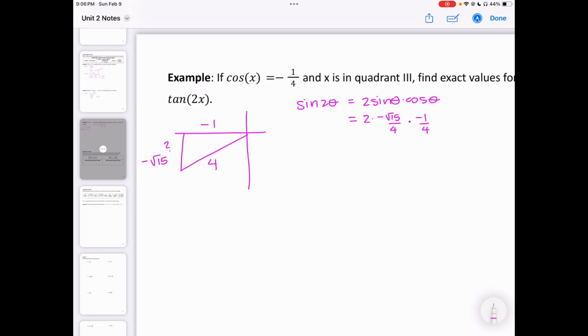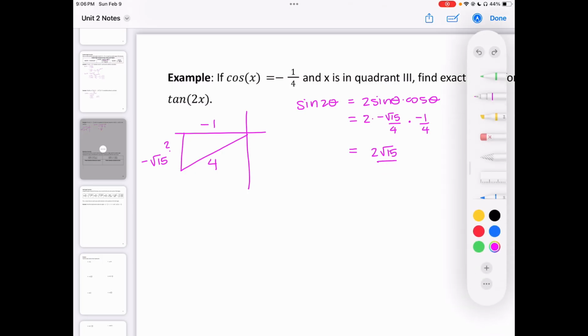Okay, so that's going to give us 2 root 15 over 16, which simplifies to root 15 over 8. Okay, so that's going to be sine of 2 theta.